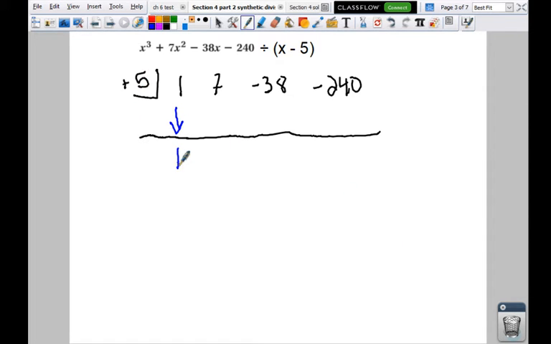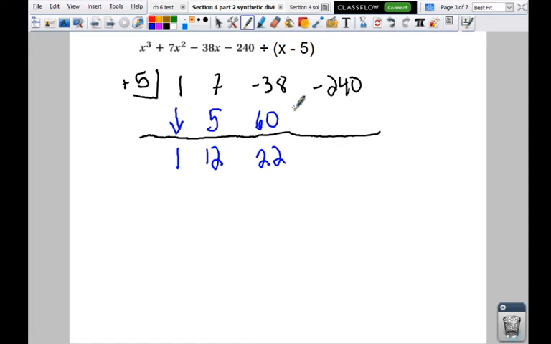5 times 1 is 5. Put it in the next line. Add straight down. 7 plus 5 is 12. 5 times 12 is 60. Put it in the next line. And the steps repeat. Negative 38 plus 60 is 22.